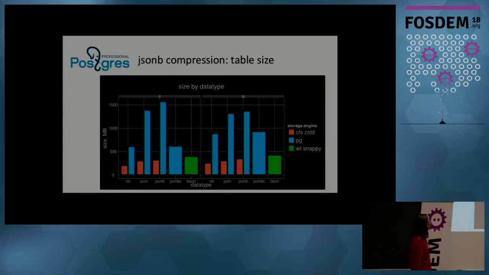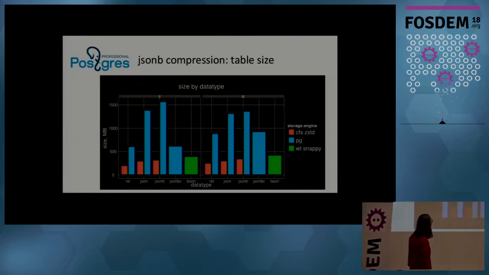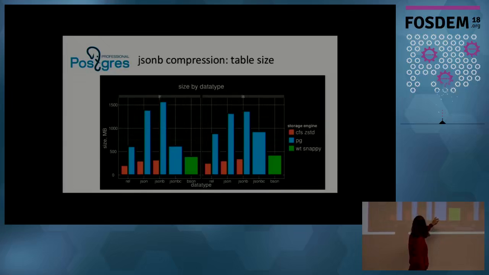Here we compare the sizes of a table. Green is WiredTiger with Snappy compression for MongoDB. This is compressed JSON. JSONb, this is uncompressed JSONb, uncompressed JSON, and the relational equivalent of JSON.